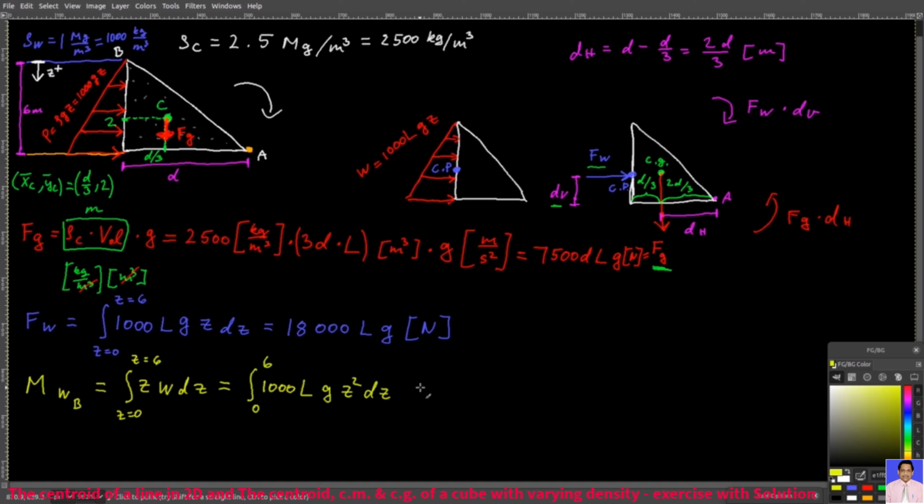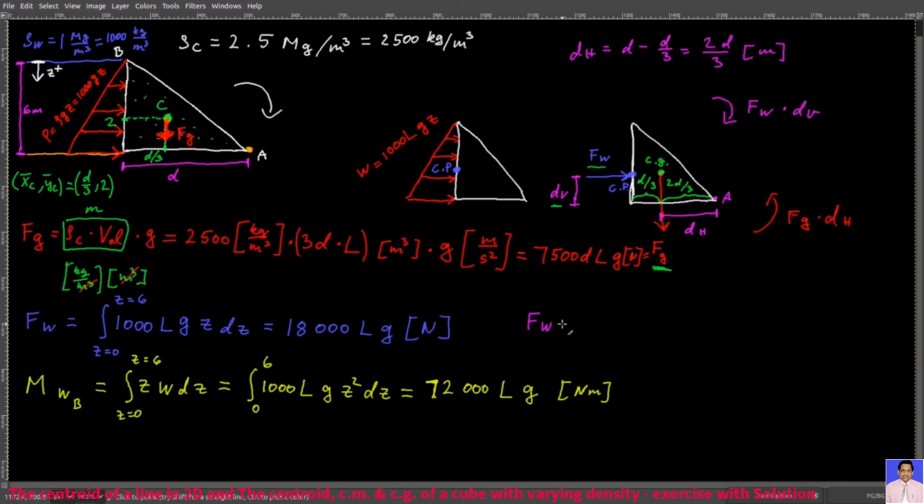So this will be the integral, and if you evaluate it, you will have 72,000 times L times G Newton meters.